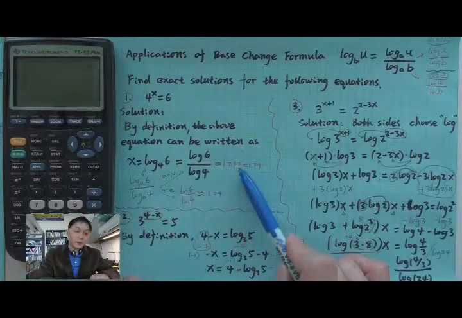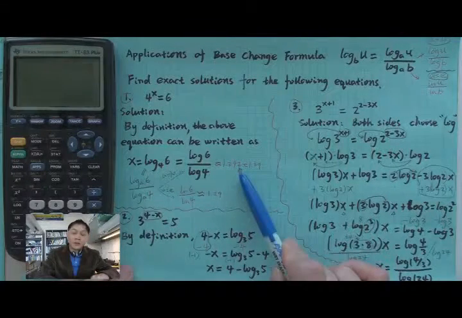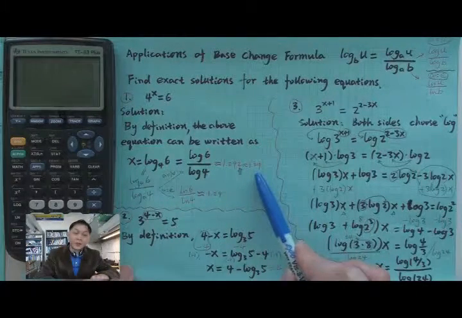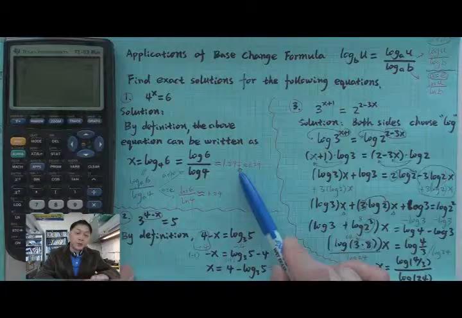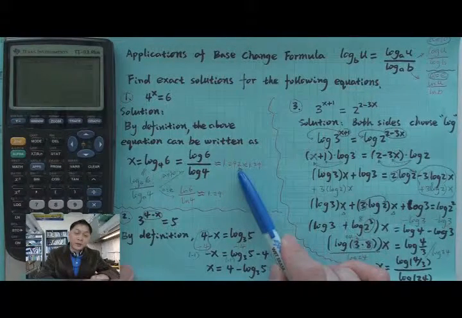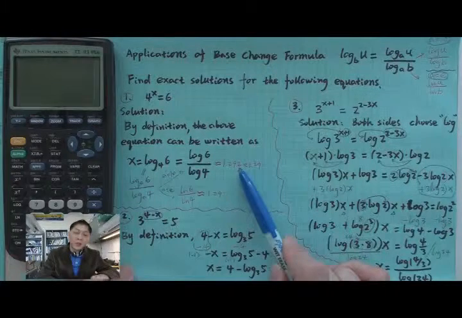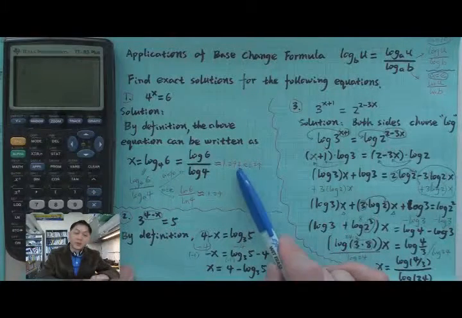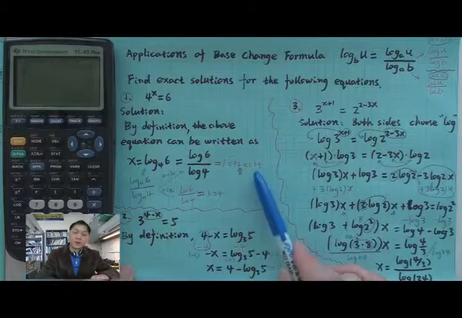You hit enter, you have 1.292. If you are required to have only 2 digits after the decimal point, then you only need to look at one more digit, the third one. Since the third one is 2, less than 5, you drop it. So that's 1.29.